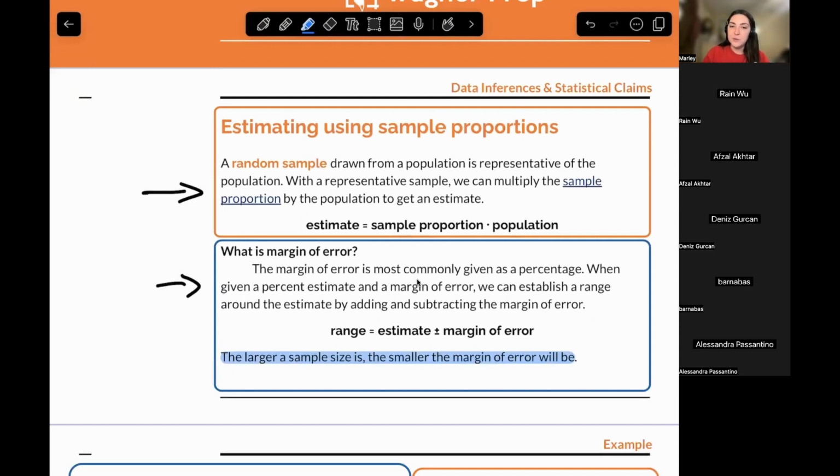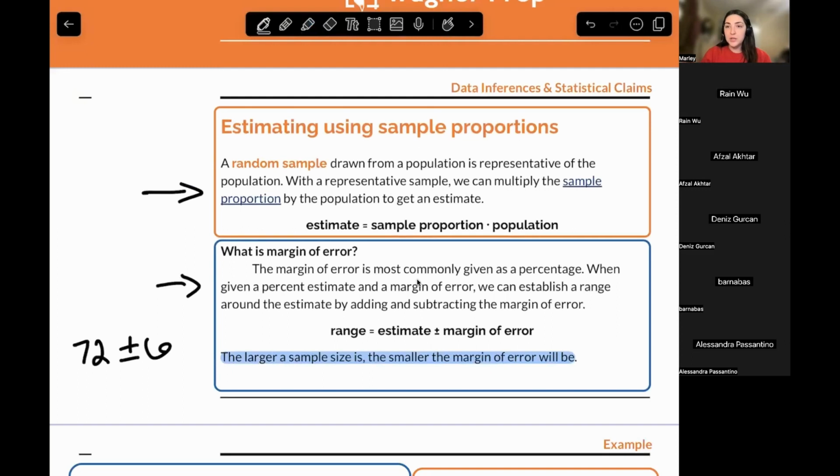The margin of error is basically stating that, let's say I measured a population of prairie dogs and I found out that their average weight is, I don't know how much a prairie dog weighs, but let's just say 72 pounds with a margin of error of 6. So that would mean it's 72 plus or minus 6.